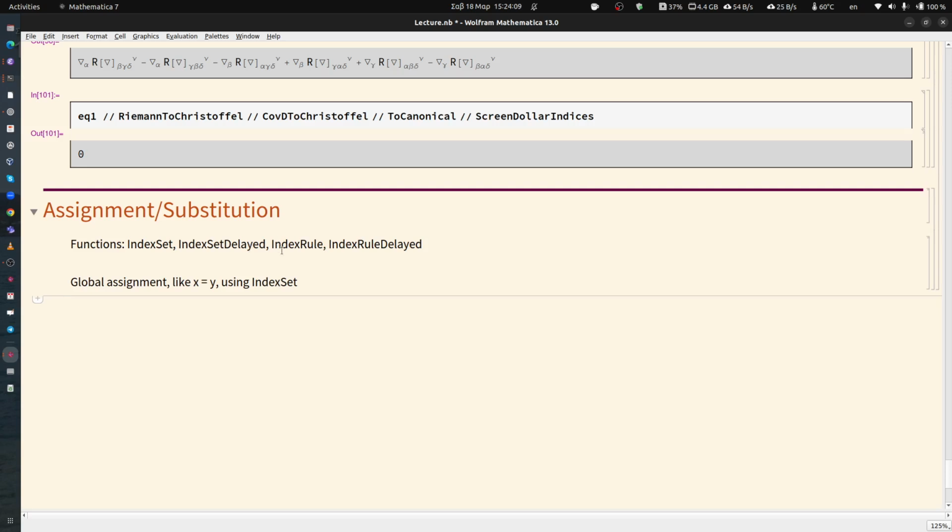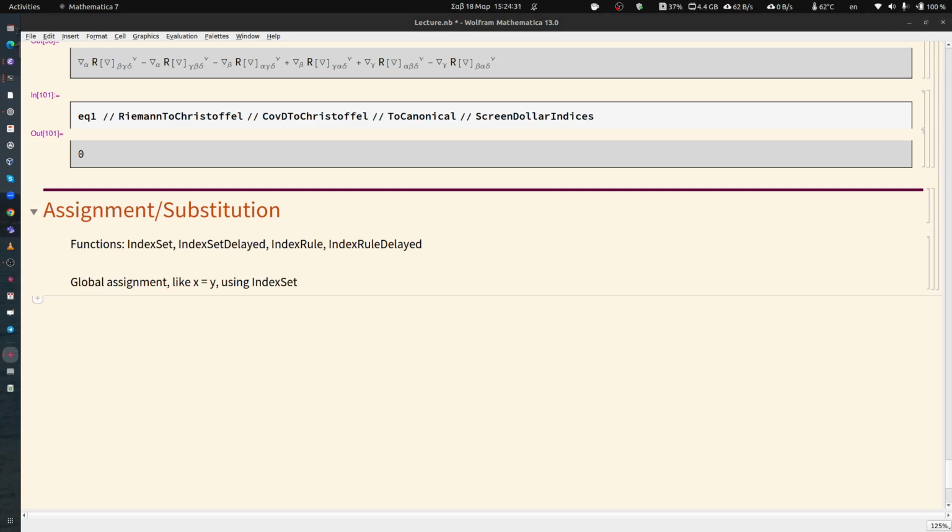The functions IndexRule are the same as substitution rules in Mathematica, and they are used for temporary substitution of tensorial expressions in our equations.